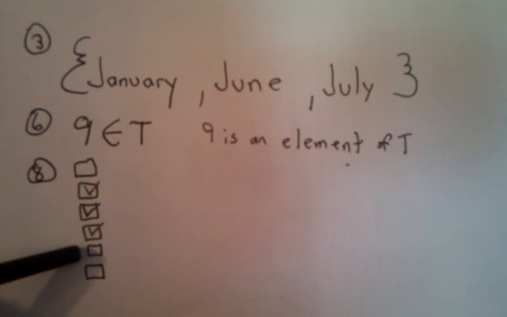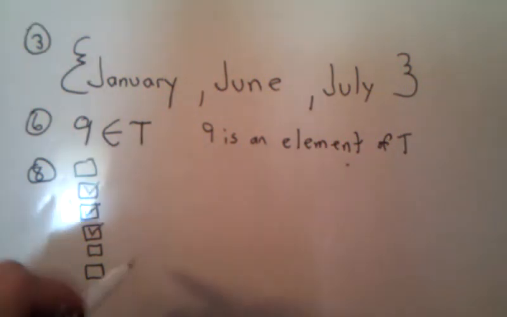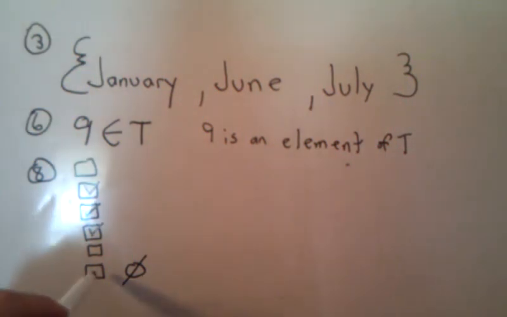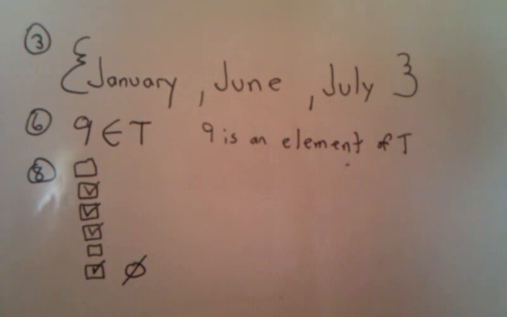All the odd numbers. No, it's not. You can't count all the odd numbers because it keeps going on and on and on and on. Okay? Okay, the last one is this. Is this a finite set? What did you say? You can count them. There's 0. You can count that. So that's a finite set.